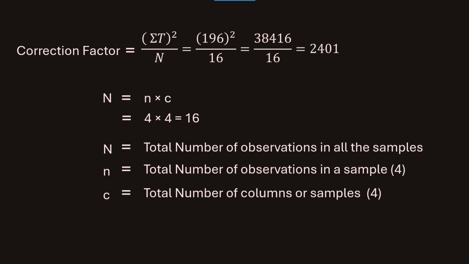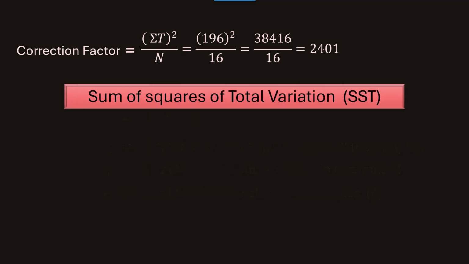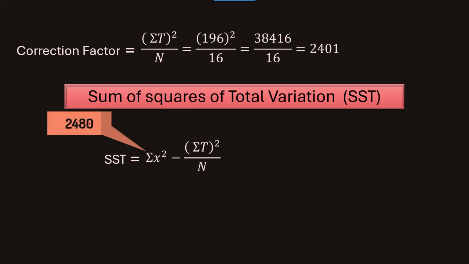We shall calculate the sum of squares of total variation, that is SST. SST is equal to sigma x squared minus sigma T whole squared by capital N. We know the value of sigma x squared.